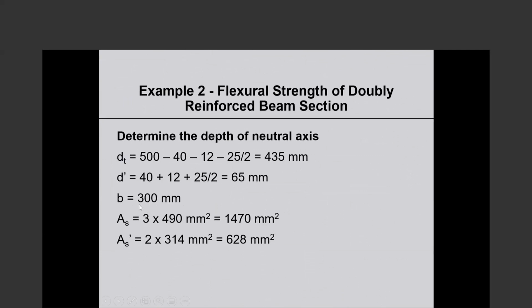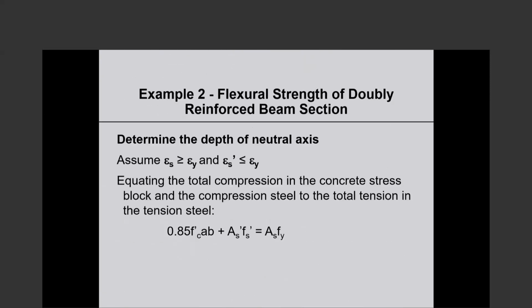So the width is 300 millimeters. The total tension reinforcement, 3 number 25 bars, total area is 1470 square millimeters. And the total area of the compression reinforcement, 2 20 millimeter diameter bars, is 628 square millimeters. Okay, A sub S prime.